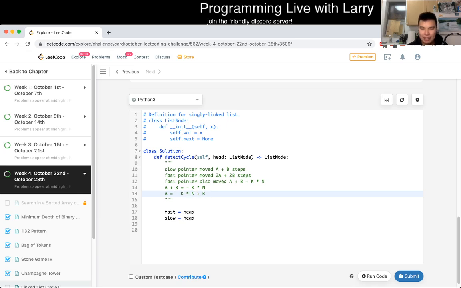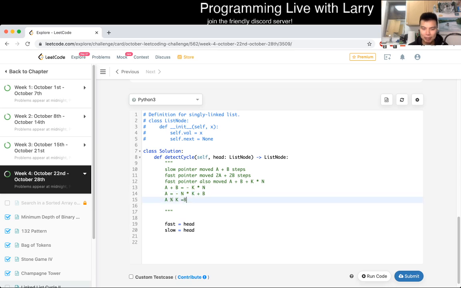And maybe a clearer way is negative N times K. Because now if we do mod N on both sides, then A mod N is equal to, well, the multiple cancels out, so it's equal to B, right?